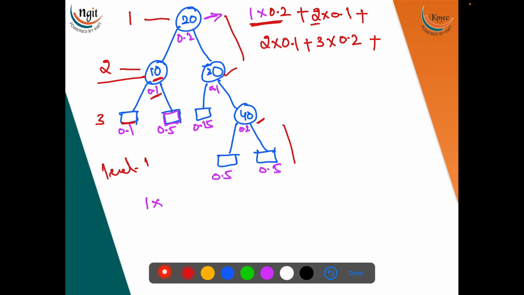So in unsuccessful search, the first is 0.1. You have to write the level as you wrote for the other nodes. You have to write for the square nodes. For the first square node, the level you can find is 3, but actually it is 2, because as the element is not there, you cannot come down, right?